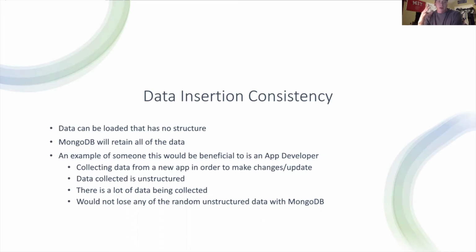That way you're not losing anything, because you don't know exactly what you're going to want yet. You can go back and say, okay, I want this, this, and this. And like I said earlier, in MongoDB you can use schemas if you'd like. Once you figure out the data you need, you can have your schema for the exact data that you want, but you're not going to lose any from your initial launch. That's a big benefit for an app developer pulling data.